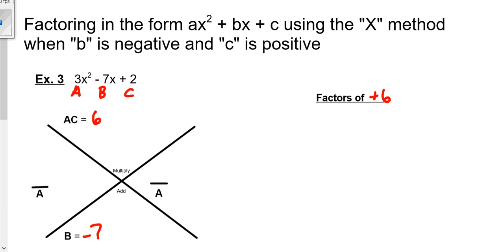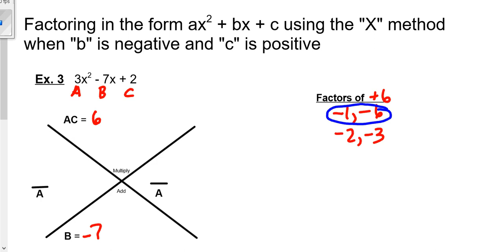When you multiply a negative times a negative, it gives you a positive for the constant. But when you add two negatives together, you get a negative. So now both our factors here are going to be negative numbers. So we got negative 1 and negative 6, and negative 2 and negative 3. And since our middle term is negative 7, we're using negative 1 and negative 6.